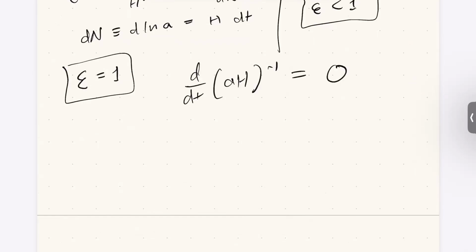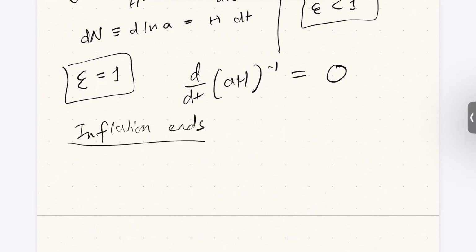That means it's an instantaneous point where the Hubble radius is not evolving, right? So this must be some critical point, right? Because it's a derivative term, right? And a first derivative term, when it goes to 0, gives you a critical point. And that is something we know from basic calculus. So therefore, this must be a critical point. What is that critical point? This is exactly when inflation ends.